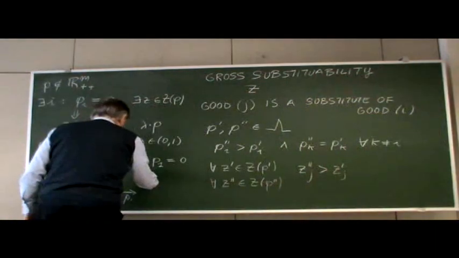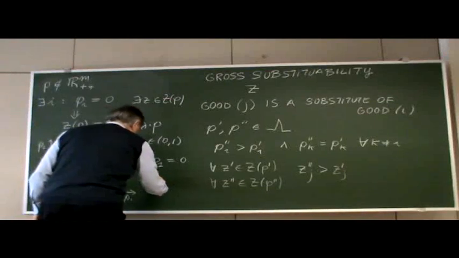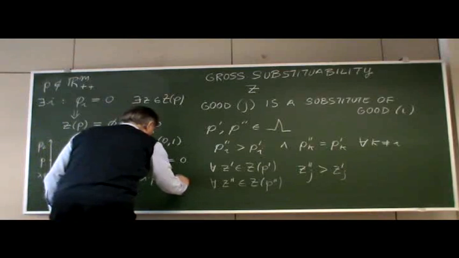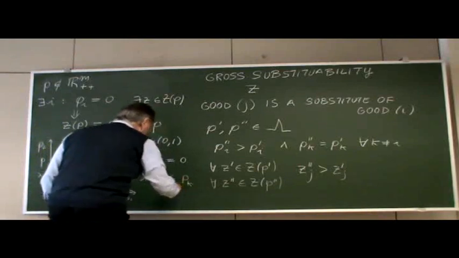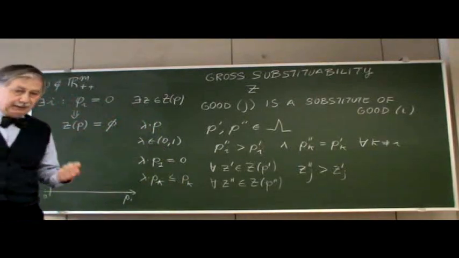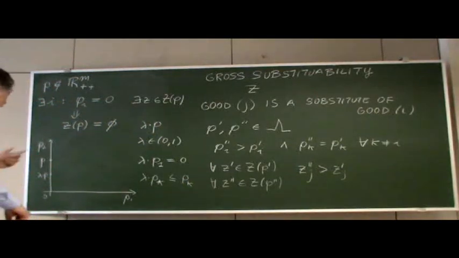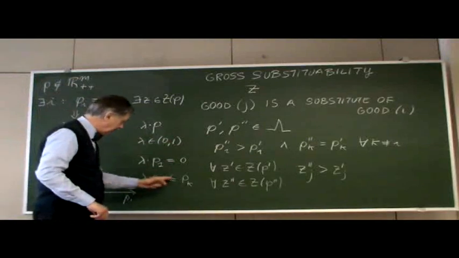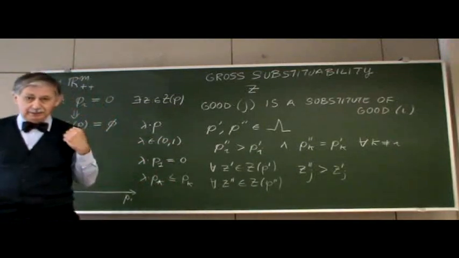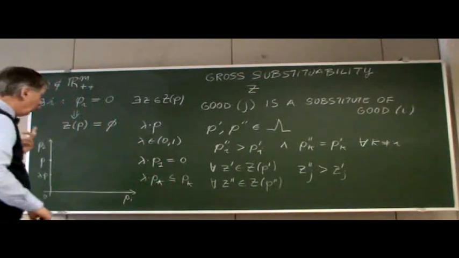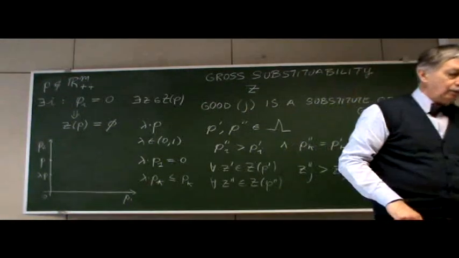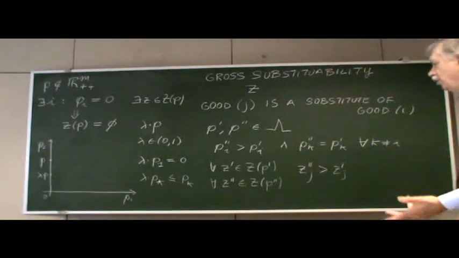All the other components, lambda times pk, will be lesser or equal than pk, because lambda is an element of the interval 0, 1. And at least one other component must be lesser than the original one. Otherwise, our two-price system would coincide, and this is impossible.